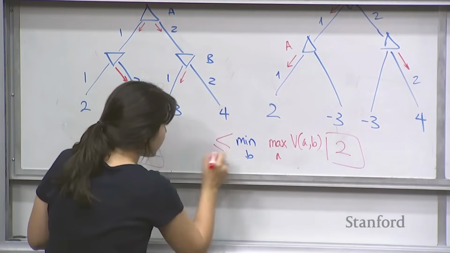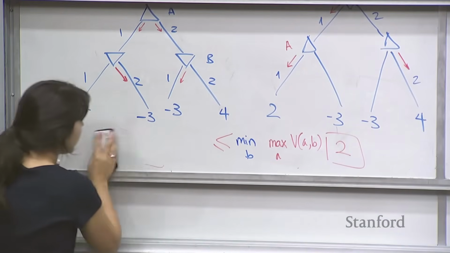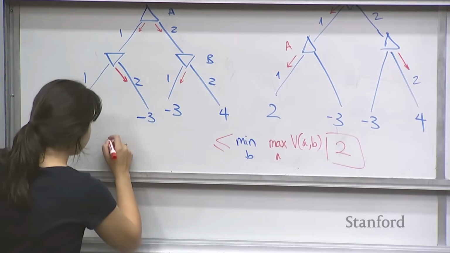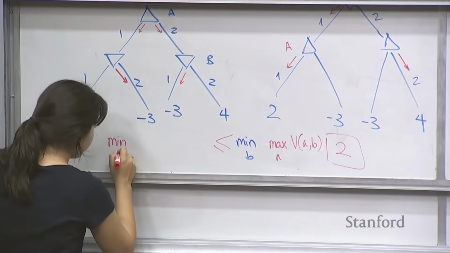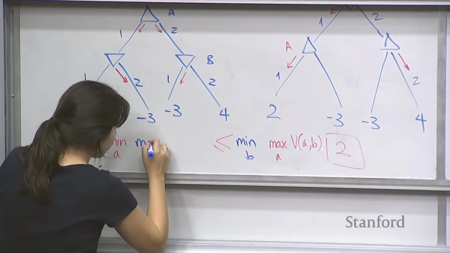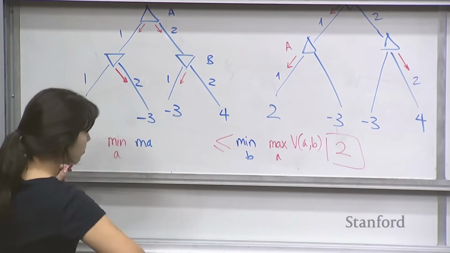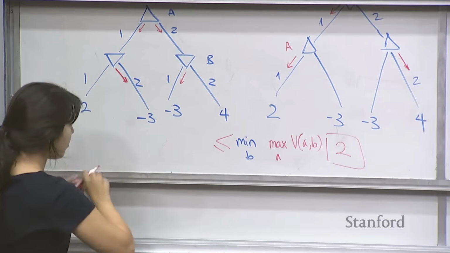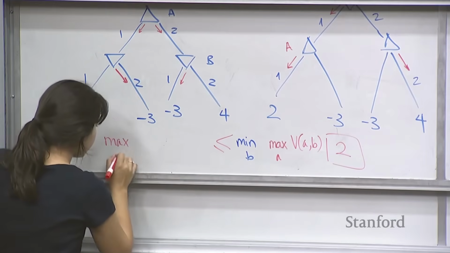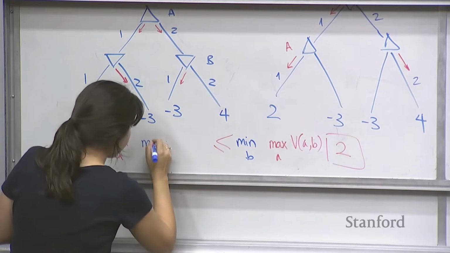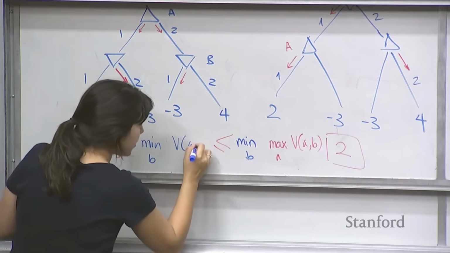So this is going to be greater than or equal to the case where player A is going first. V of A and B.